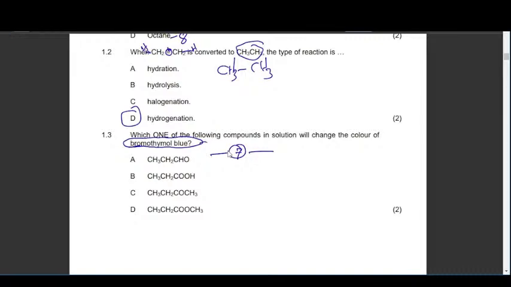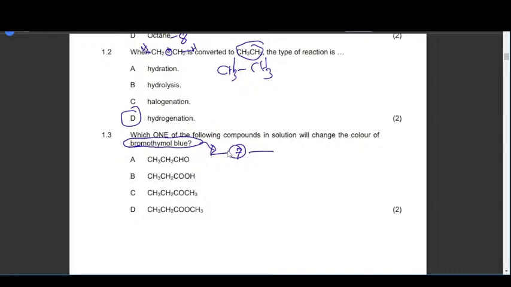So this indicator measures pH which is relatively acidic. So in this case, we will look at a compound which is having relatively weak hydrogen ions ionized, or the pH is a little bit higher, which is near to the pH of 7.